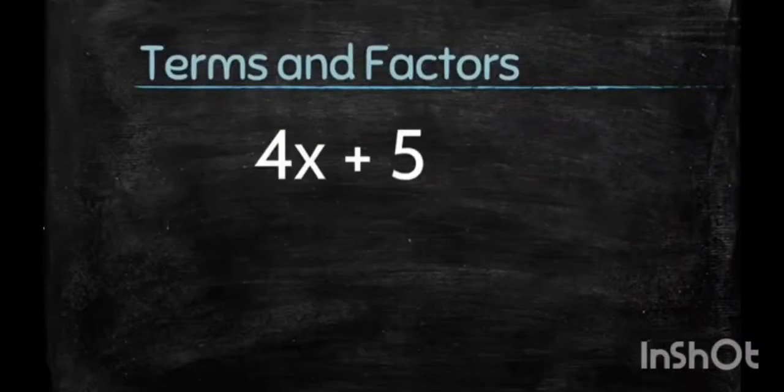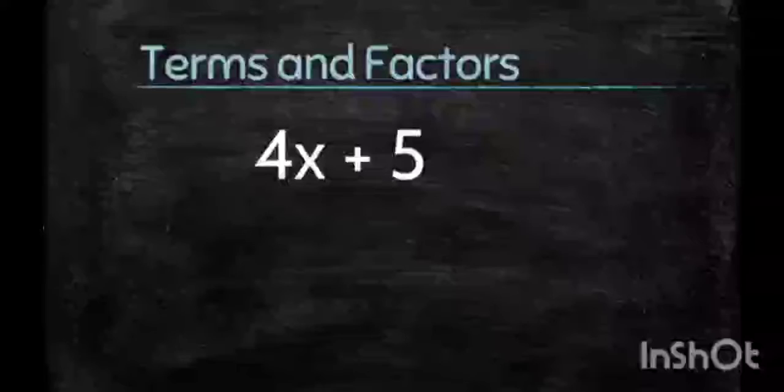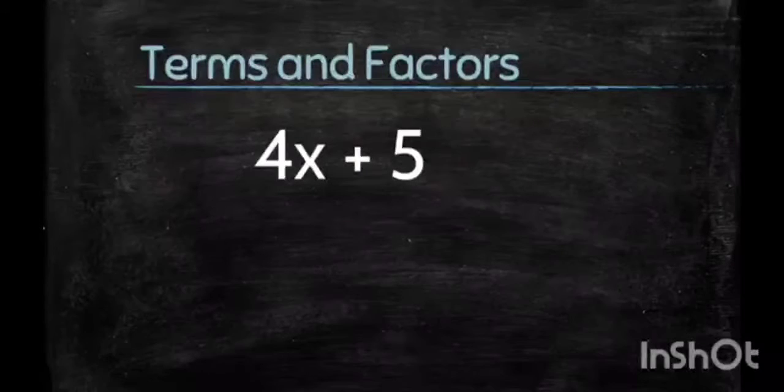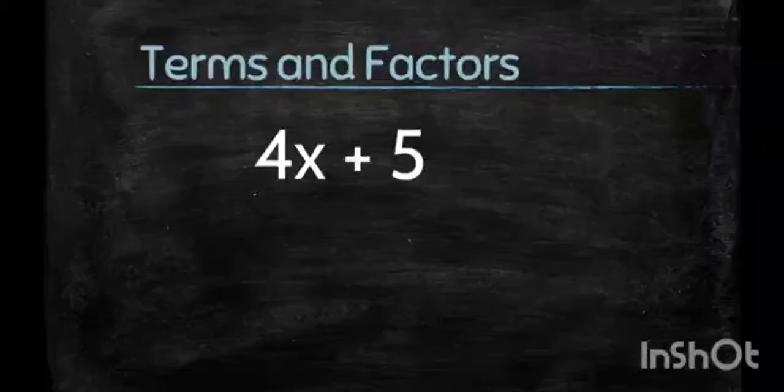First, let's understand terms and factors. Terms are added to form expressions. Let's consider the expression 4x plus 5. This expression is made up of two terms, 4x and 5.